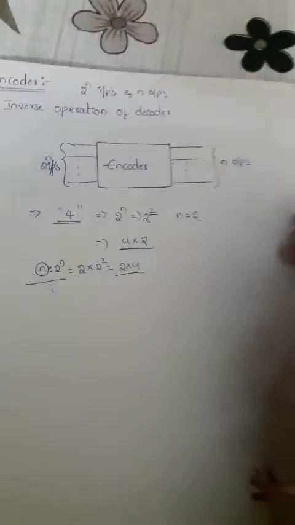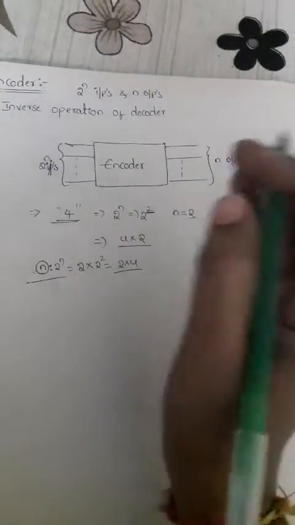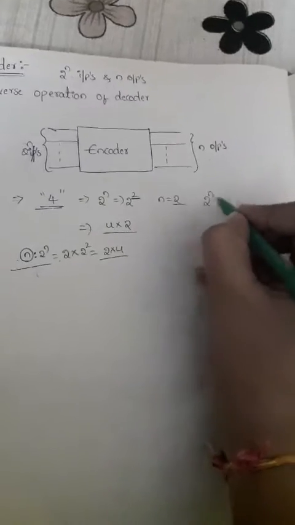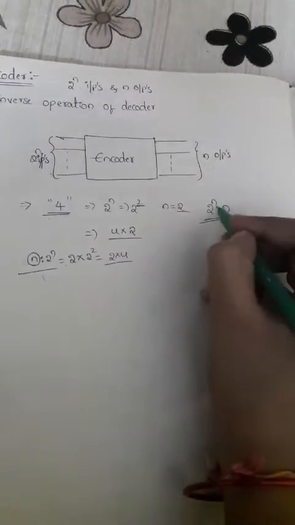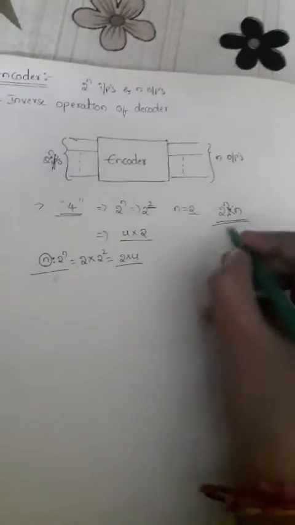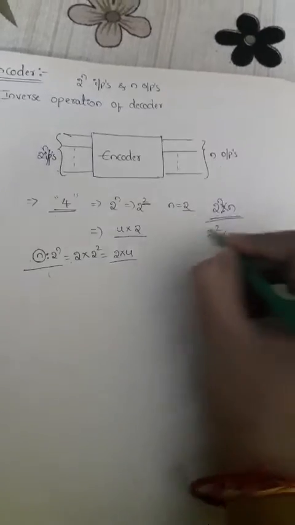The condition is 2 power n to n. This is the encoder formula, 2 power n by n. Like this we are extending it to choose the input lines.